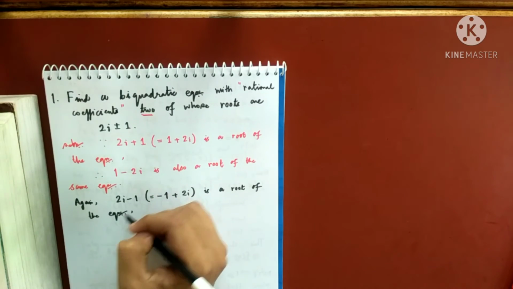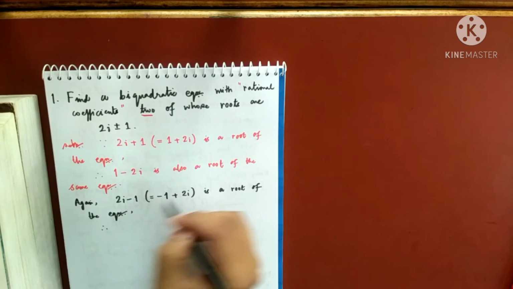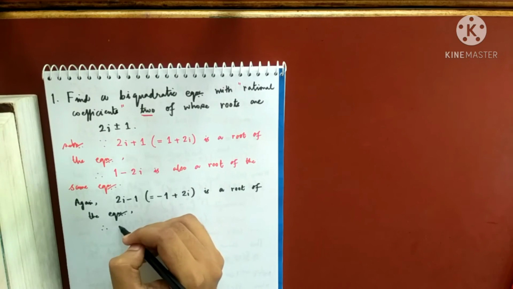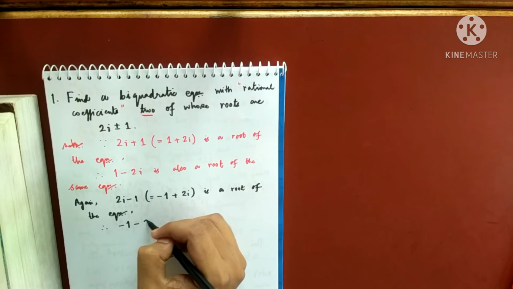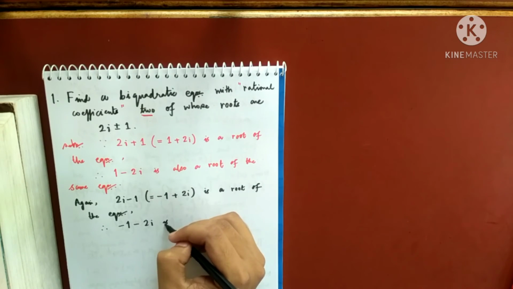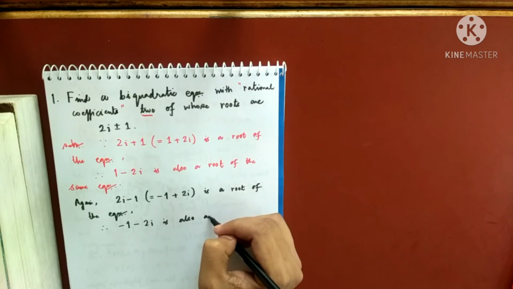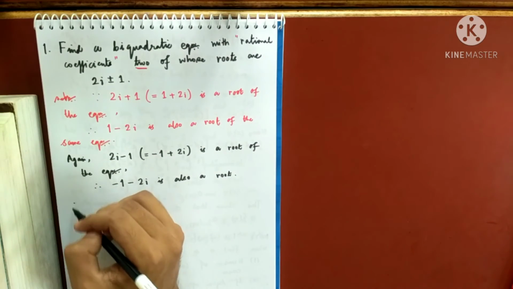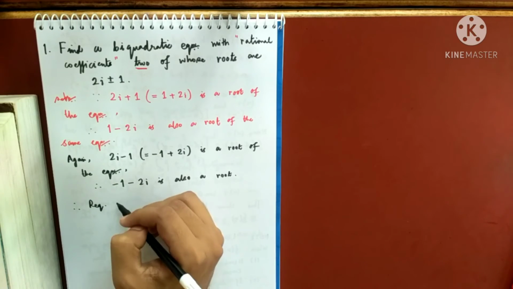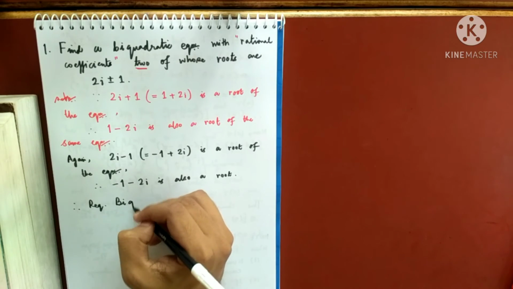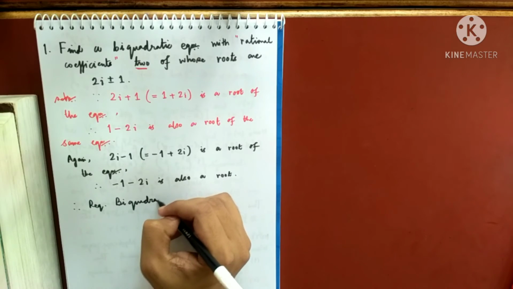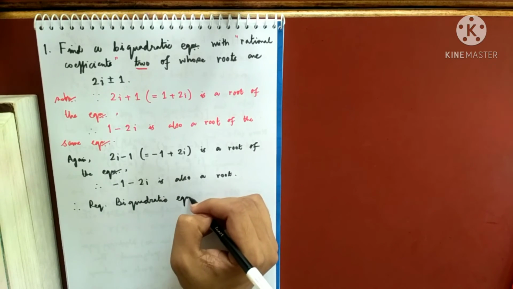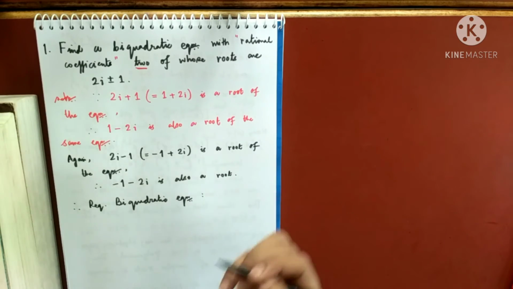So what is the conjugate of this? Minus 1 minus 2i. This is also a root. So therefore, what is the required biquadratic equation?